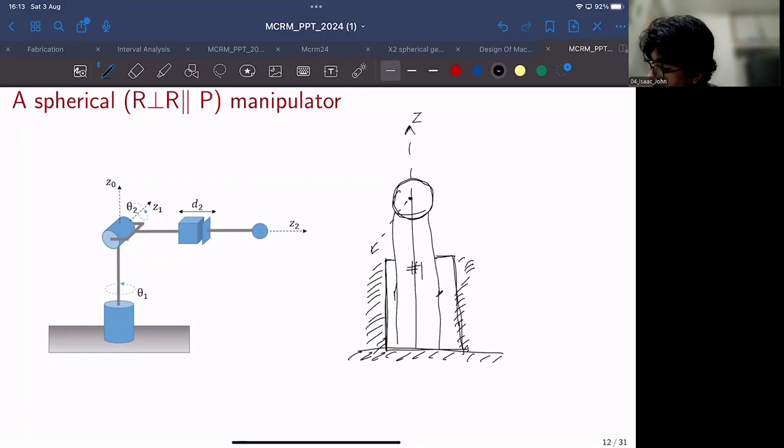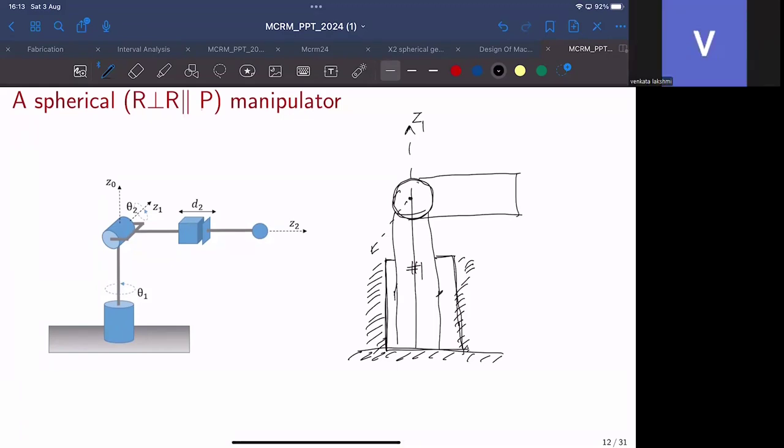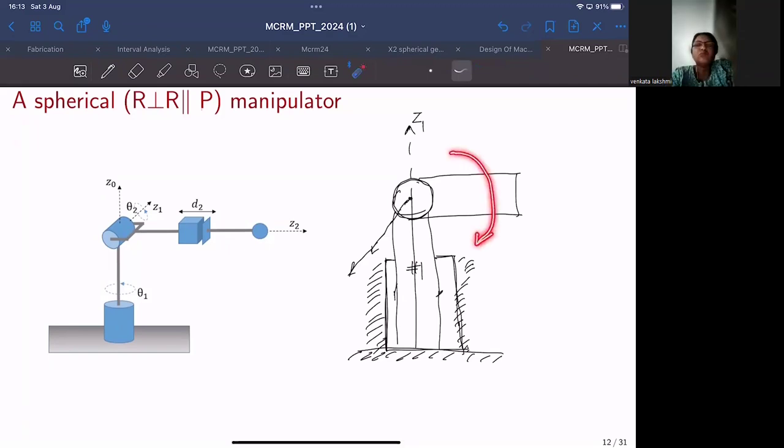I'll call this maybe Z1, because link 1 can rotate about this vertical axis. And there is kind of a cylinder like this, right? Which will rotate like this, along this axis, right? So it can go like this, or it can go like this, up and down about this axis.